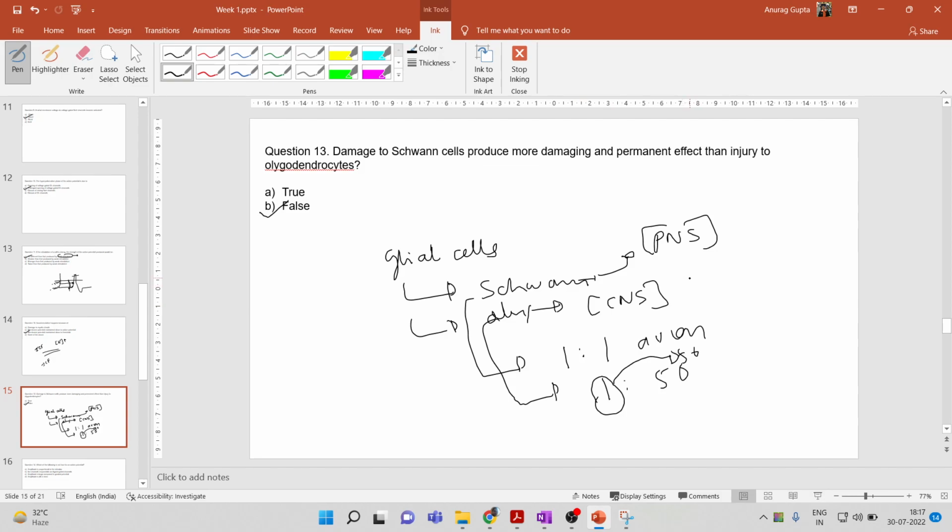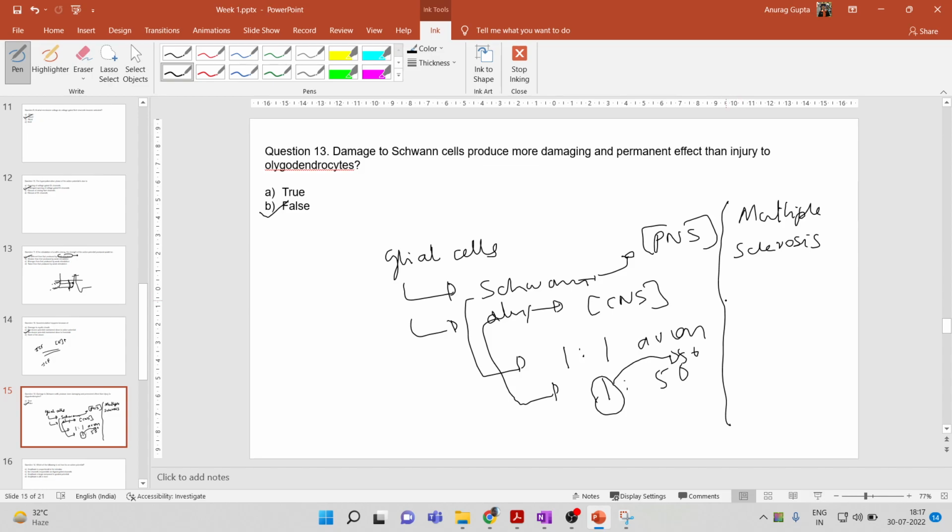And also let us look at what happens. So if oligodendrocytes are demyelinated, there's a syndrome called multiple sclerosis that happens. And if Schwann cells are affected, then the condition is called Guillain-Barré syndrome.